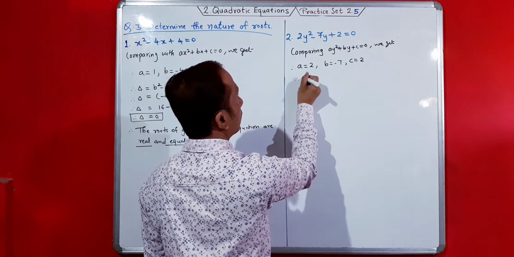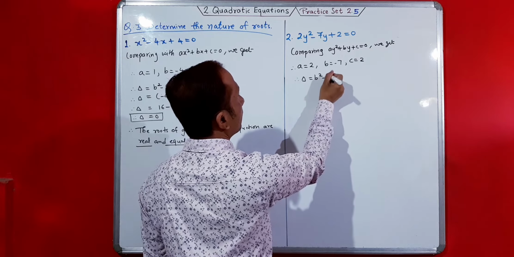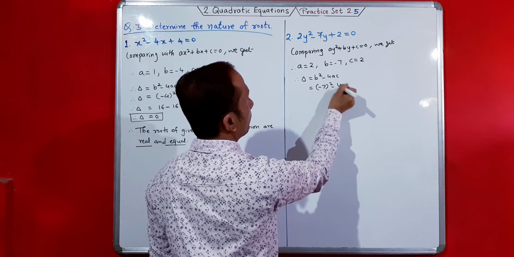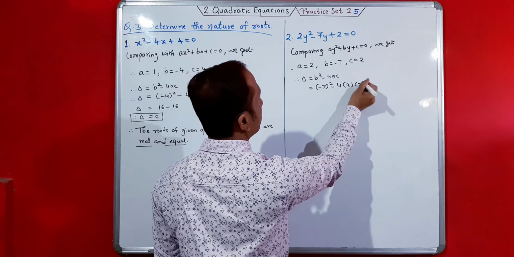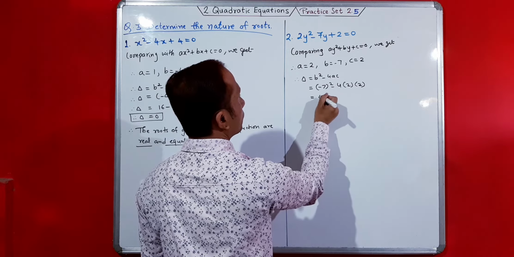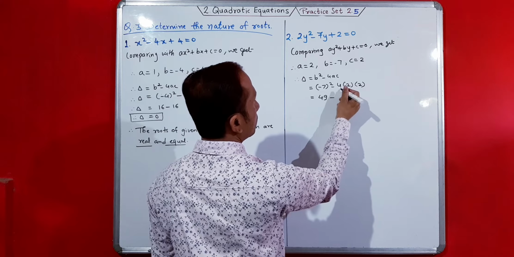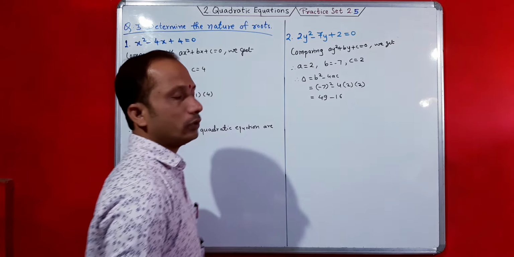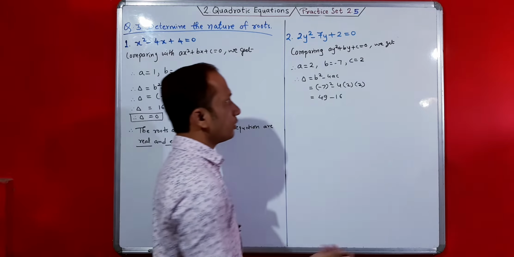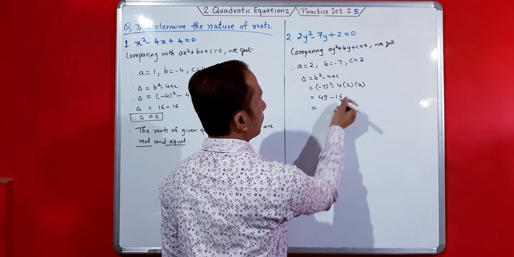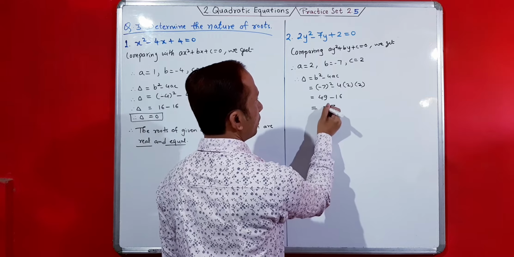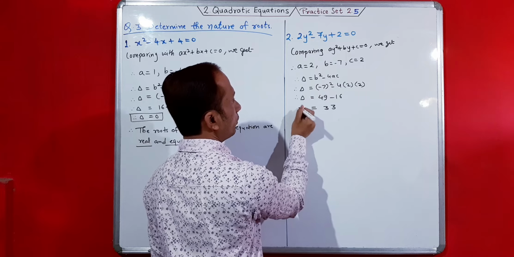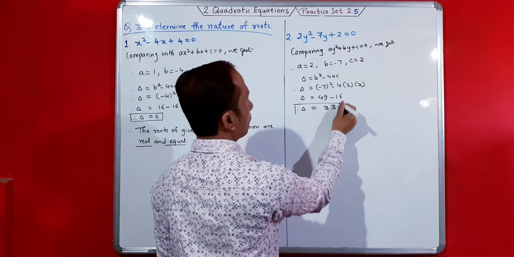Therefore delta is b square minus 4ac: minus 7 square minus 4 times a which is 2 and c which is 2. It is 49 minus 16. Therefore delta is equal to 33.